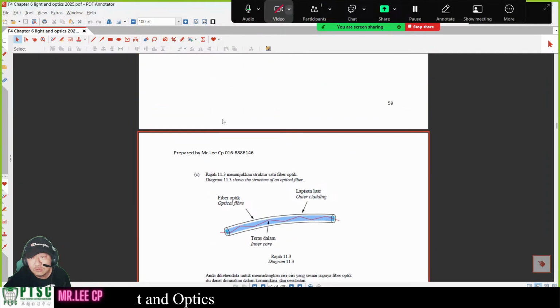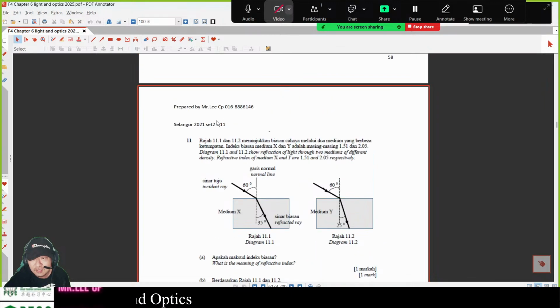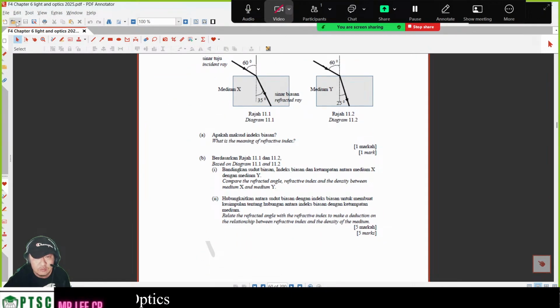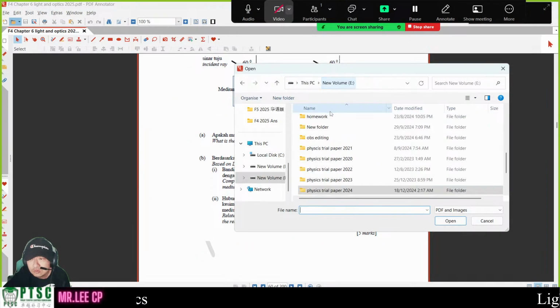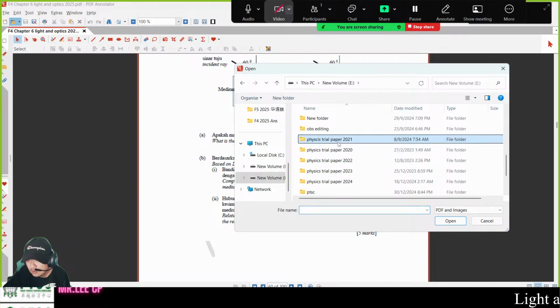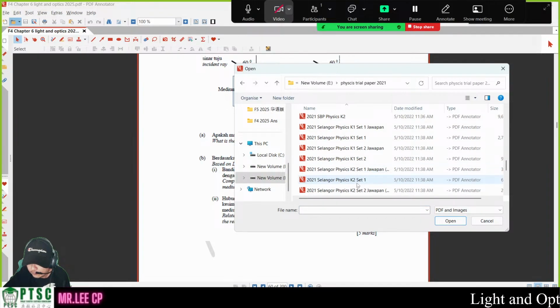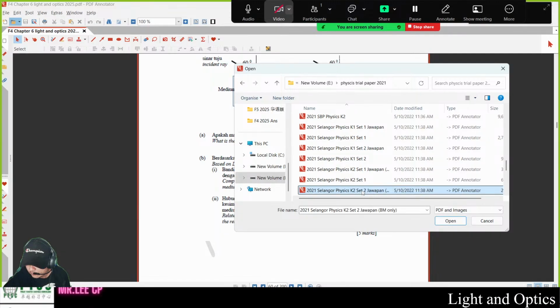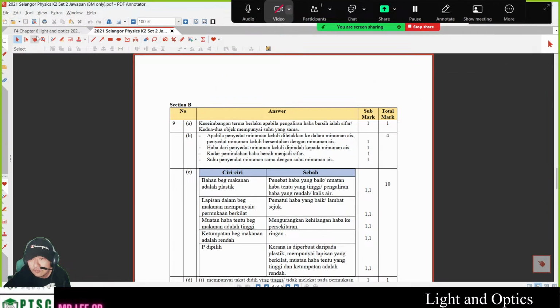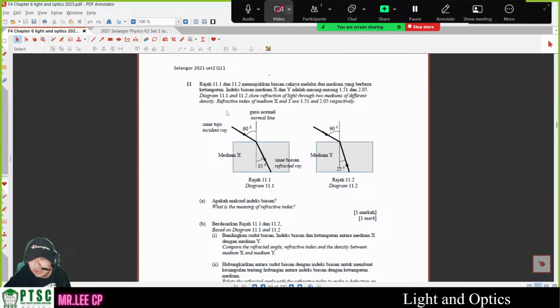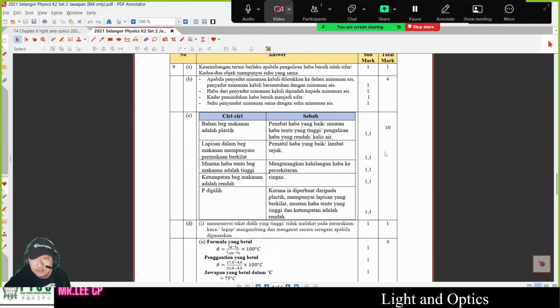So we try to have a look into the answer. This kind of question, Selangor 2021, step 2, question number 11.